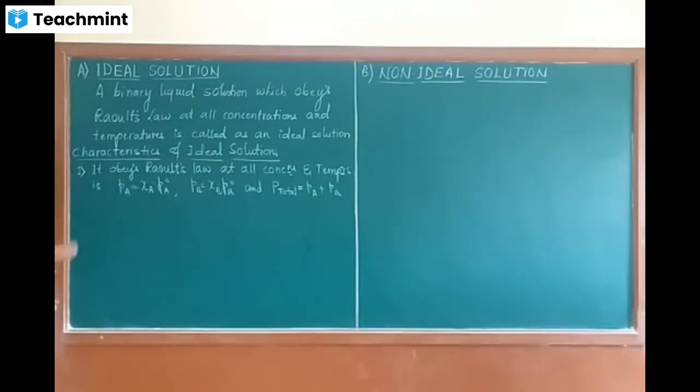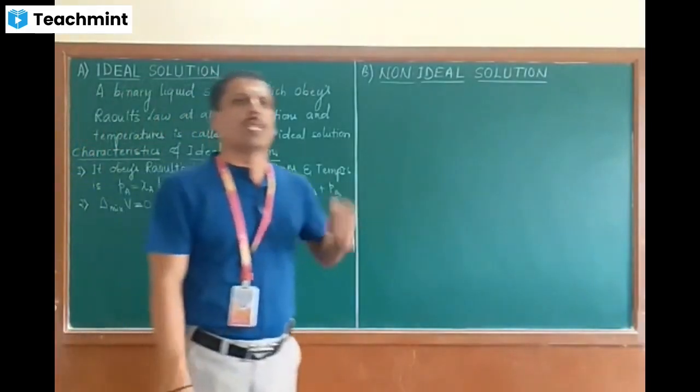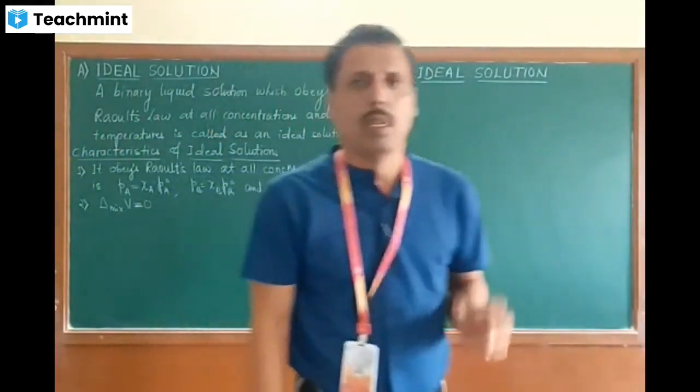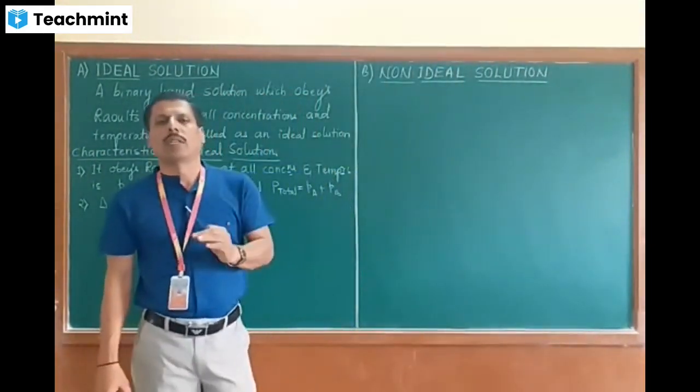Now, the second one is delta mix V is equal to 0. What is the meaning of this? Delta means change. Mix means mixture. V means volume. Here there is no change in volume after mixing the two liquids. What do you mean by this?